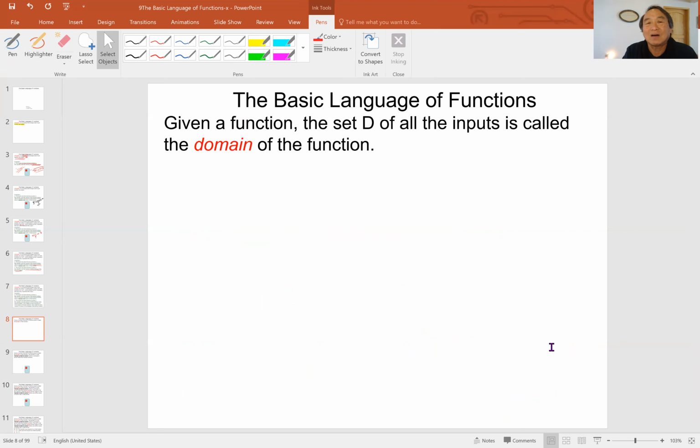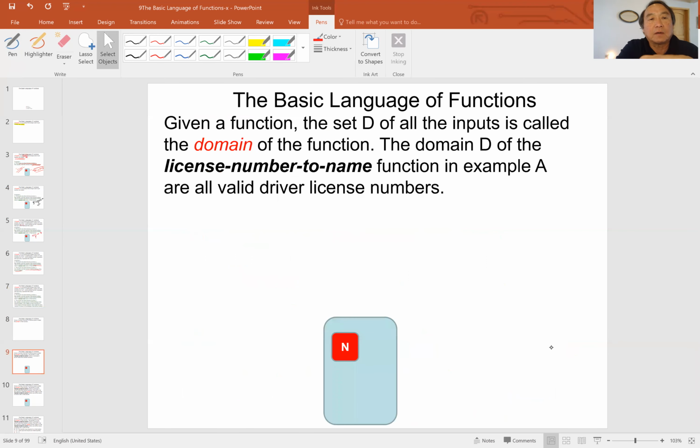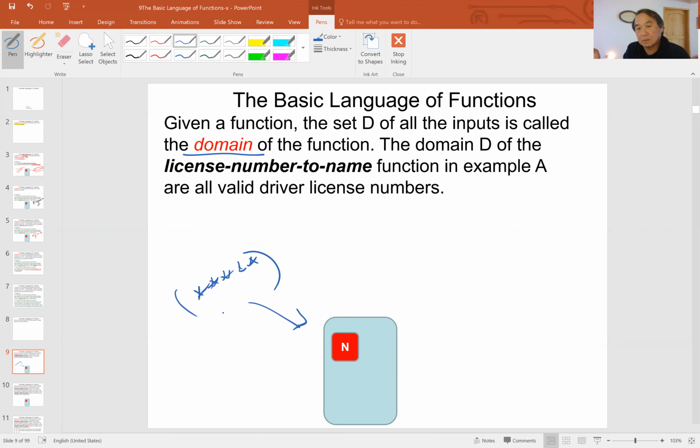The set of valid inputs of the function, we call that the domain. So in this case, what's a valid input? The valid input for the app N is all numbers. Let's assume you will take 5-digit numbers for license numbers.